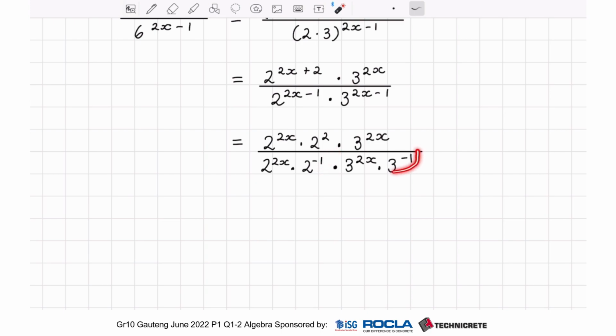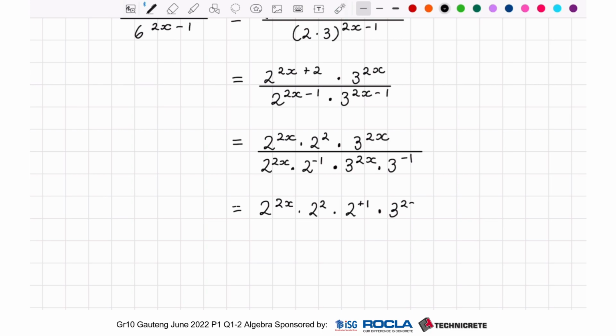And the same with this 3, I'm going to move it to the top, and it's going to be raised to positive 1 instead of negative 1. And I move this 2 up. Then I had 3 to the 2x, and I'm moving the 3 up, positive 1, and the rest of the denominator stays the same.